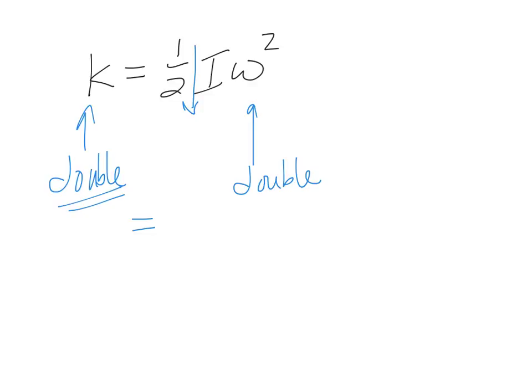Let's just do one more problem just to make sure we've got this down. In this problem, a disk with a moment of inertia of 1 kilogram meter squared spins about an axle through its center of mass with an angular velocity of 10 radians per second. So let me just draw that really quickly. So we've got this disk that's spinning around this axis. Sorry, this drawing's not very good.